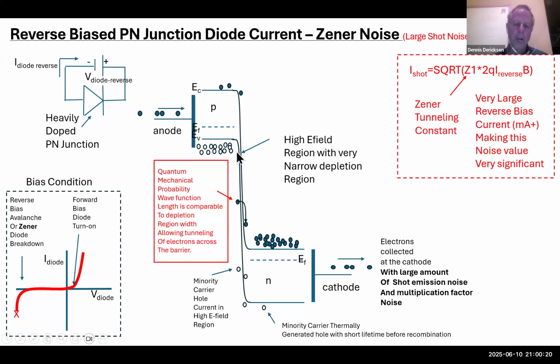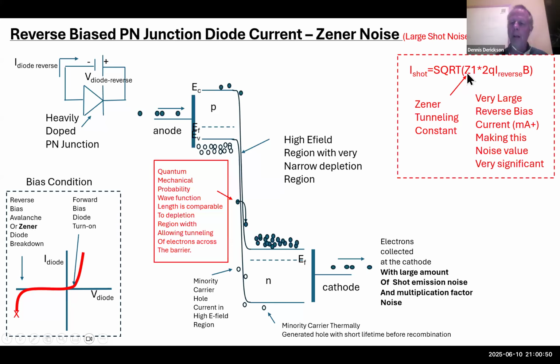And if you had one tunnel right here, it could also do some multiplication. So the formula for shot noise will be very similar, where we have the shot noise as some square root of, I put this constant Z1, which is a Zener tunneling constant, times 2 times the charge on a carrier, 1.6 times 10 to the minus 19th coulombs per charge carrier, times the reverse bias current, the DC value of it, and the bandwidth.